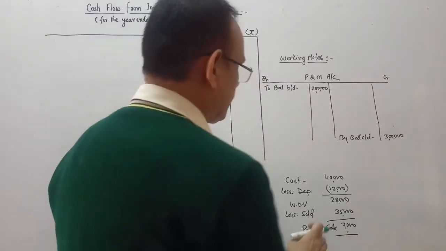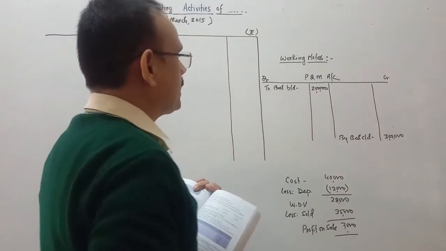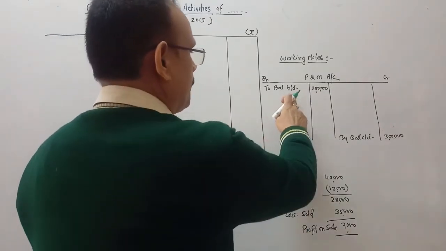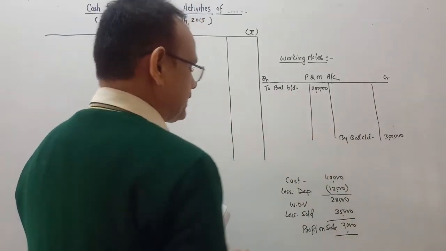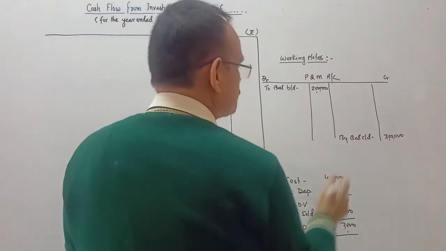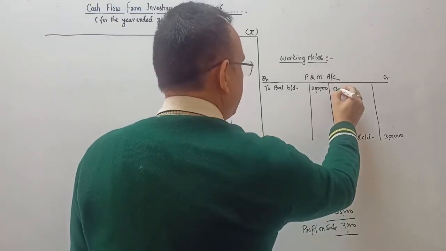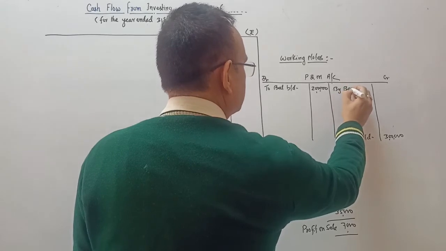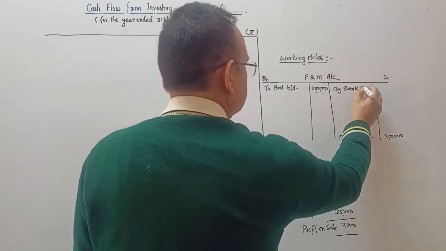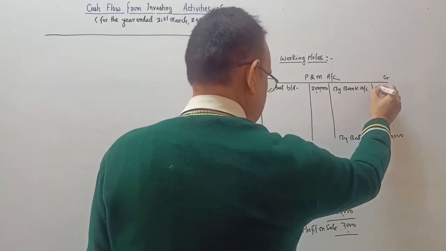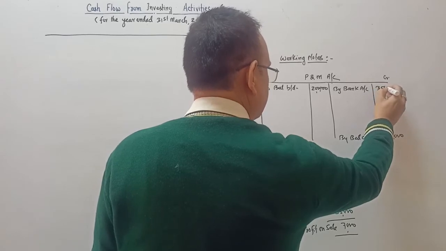Now coming over here, in the plant and machinery account, this is the opening balance, this is the closing balance. The machinery sold for rupees 35,000, by bank account.